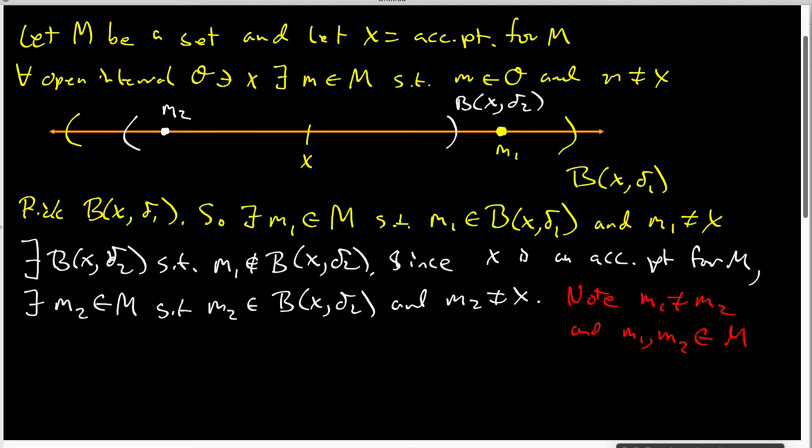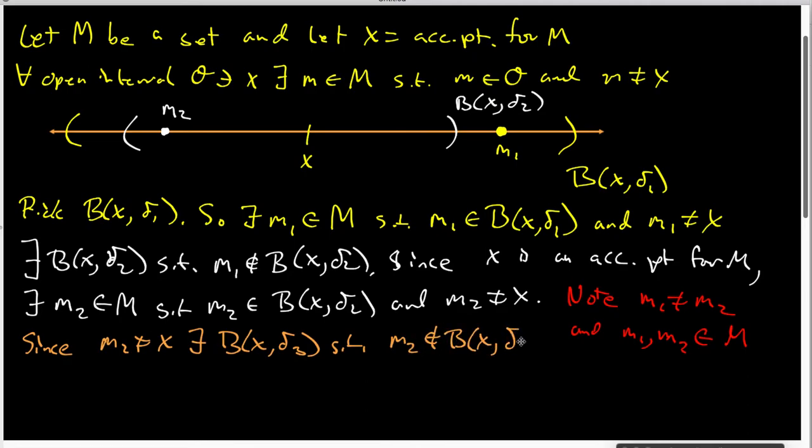So let's see. Again, since M2 is not equal to X, there's space in here, and we can say the following. Since M2 is not equal to X, there exists a delta ball centered at X such that M2 is not inside that delta ball. And you'll notice that I've called the radius of this delta ball delta 3. So this delta ball would look something like this.